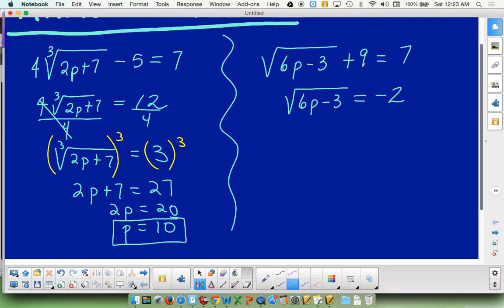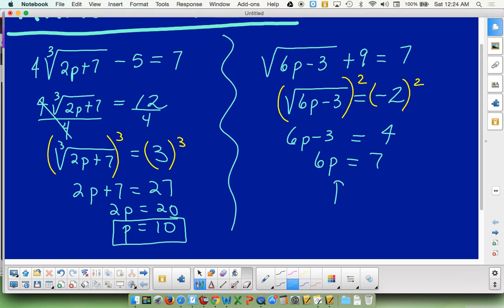But over here, where we are going to square both sides, I now have the risk of creating answers that don't work. Because in squaring it, as you'll see in this problem, when I square that -2, I've now made it become a positive 4. That may create solutions that do not check. So when I finish solving this, I'll have 6p equals 7, which means p equals 7/6.